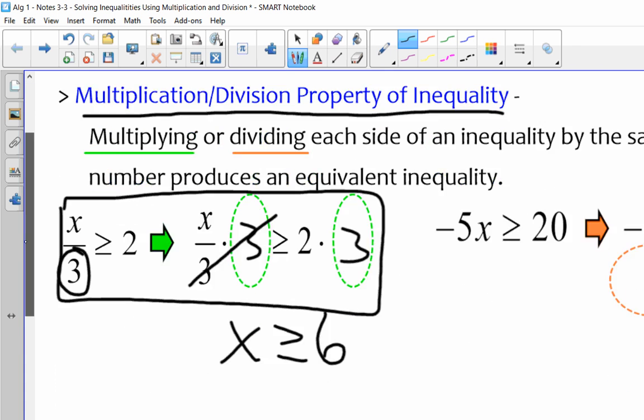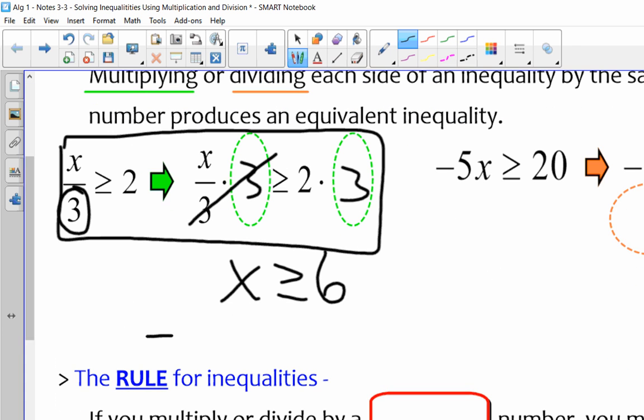Okay, and then once again, I'm just going to go back so we keep on top of these rules. I typically am going to be asked to graph this. So I'm going to draw a number line, I'm going to put 0, I'm going to find my value, it's 6. I look at my symbol.